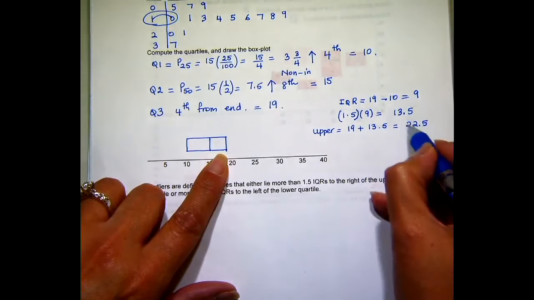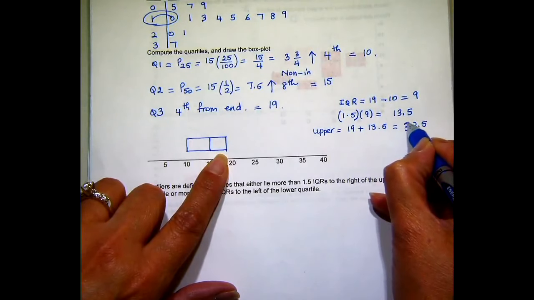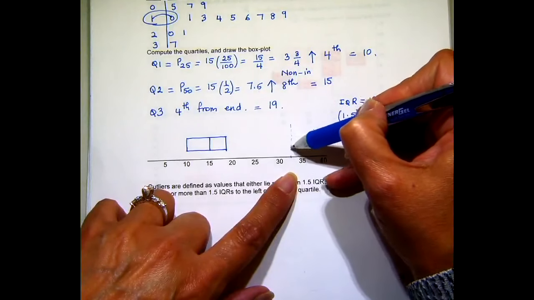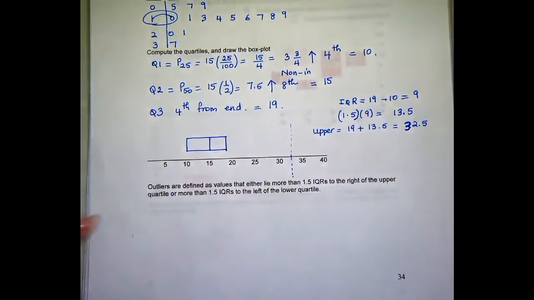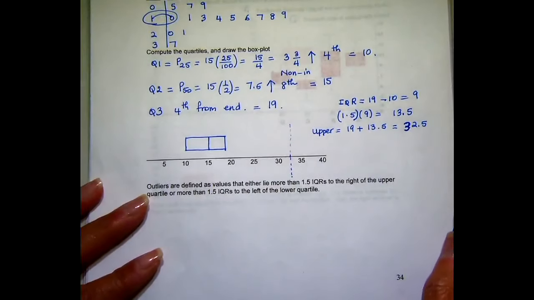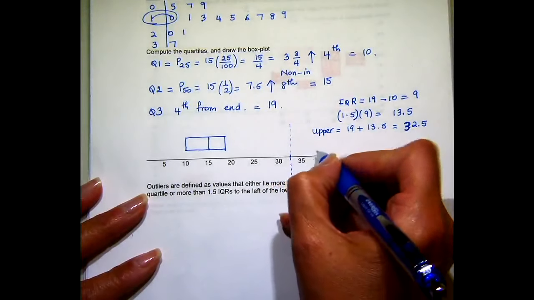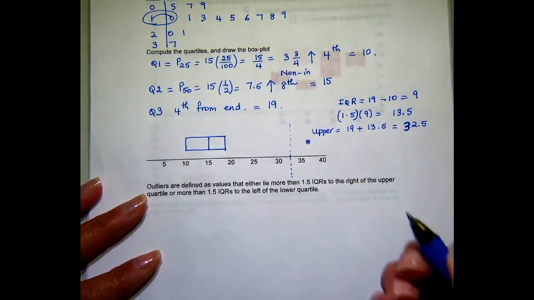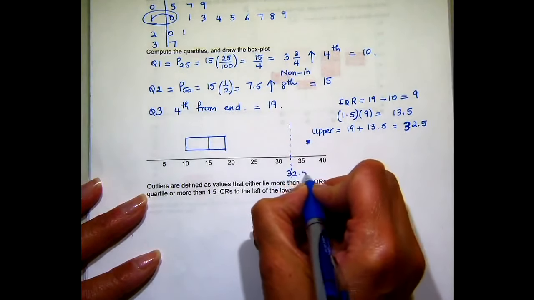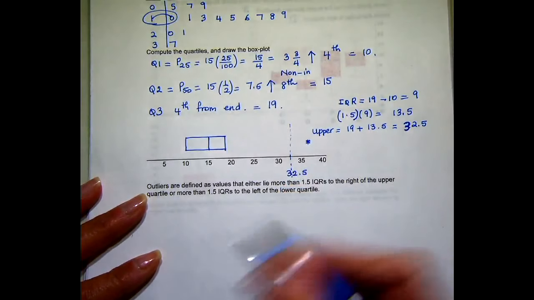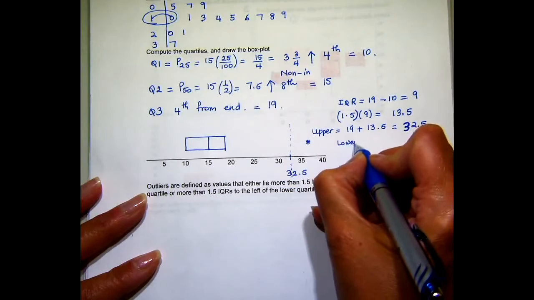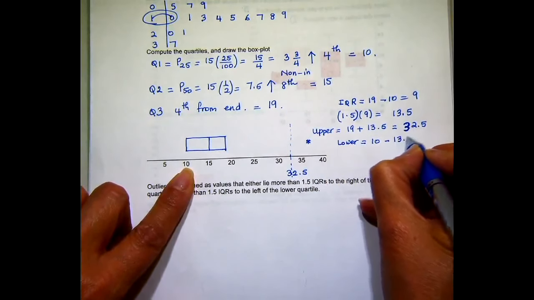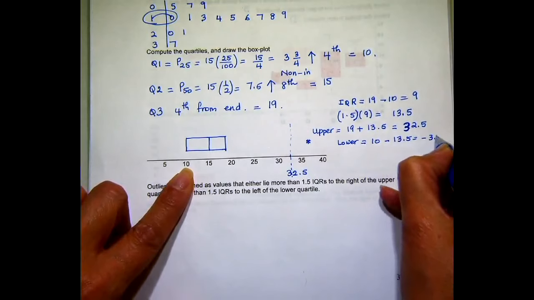No, 32.5. Anything more than 32.5 would be an outlier. So 37 would be an outlier. This thing is 32.5. And on the left side, lower, would be 10 minus 13.5, so minus 3.5.